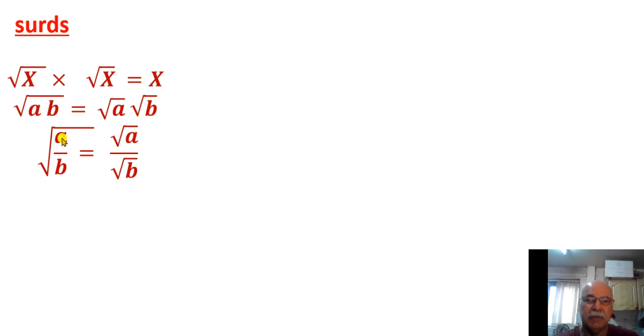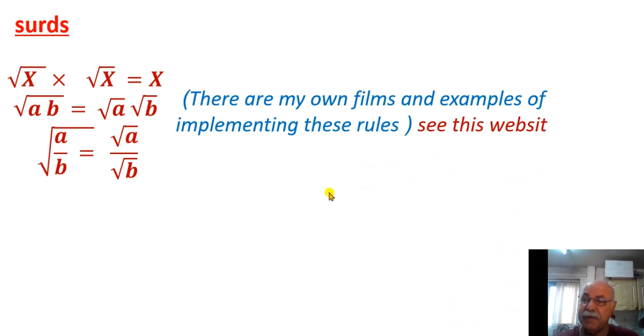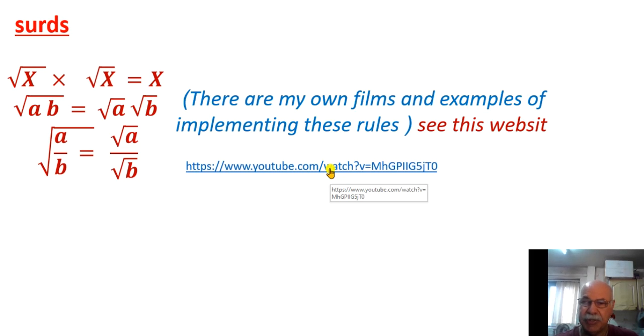Here, meaning square root of A over B, meaning if you rotate any number, for example 2 over 3, it becomes square root of 2 over square root of 3, like this. So there are many files for examples of implementing these rules. See this website. You can go to this website in order to understand how this is solved, depending on this rule.